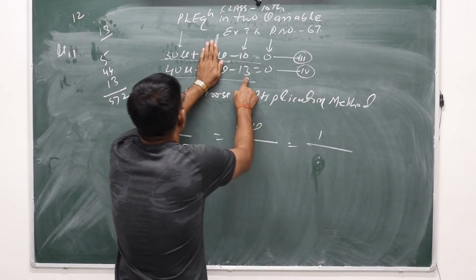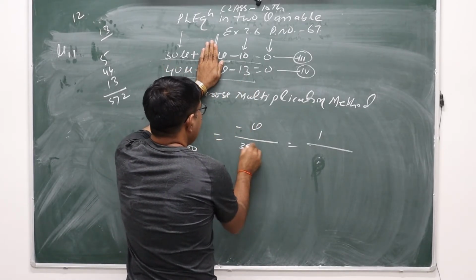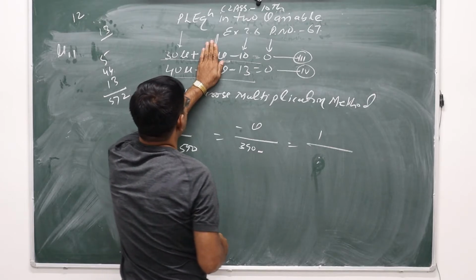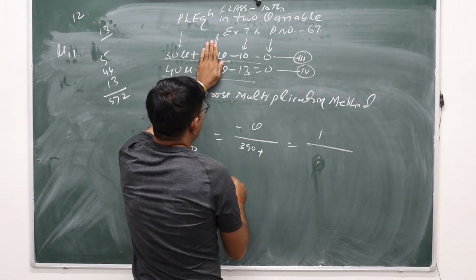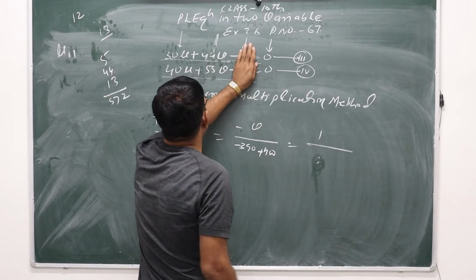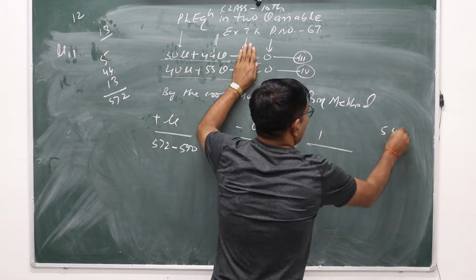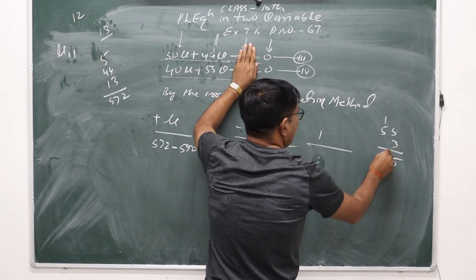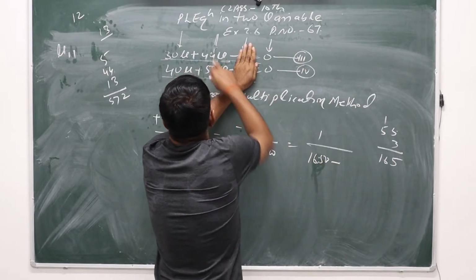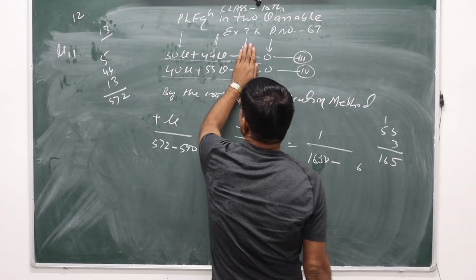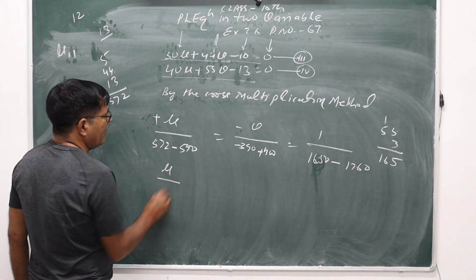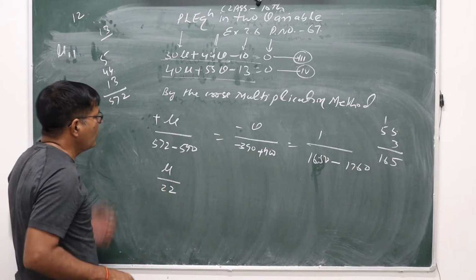So I will hide v: 13 threes are 39, so 390 minus 40 times 10, so this is minus, this becomes plus, so minus 390 plus 400. Then for 1, solving, 55 times 30, 55 times 30, 5 threes are 15, carry 1, 15 plus 1 is 16, so 1650 minus 40 times 44, 4 fours are 16, 6 carry 1, 17, 1760. Now this u upon, this is 22.